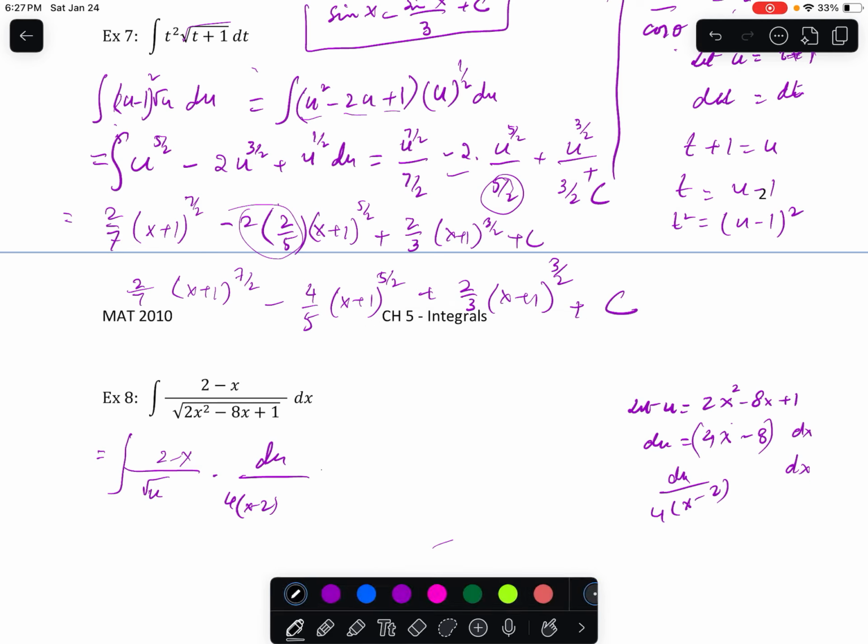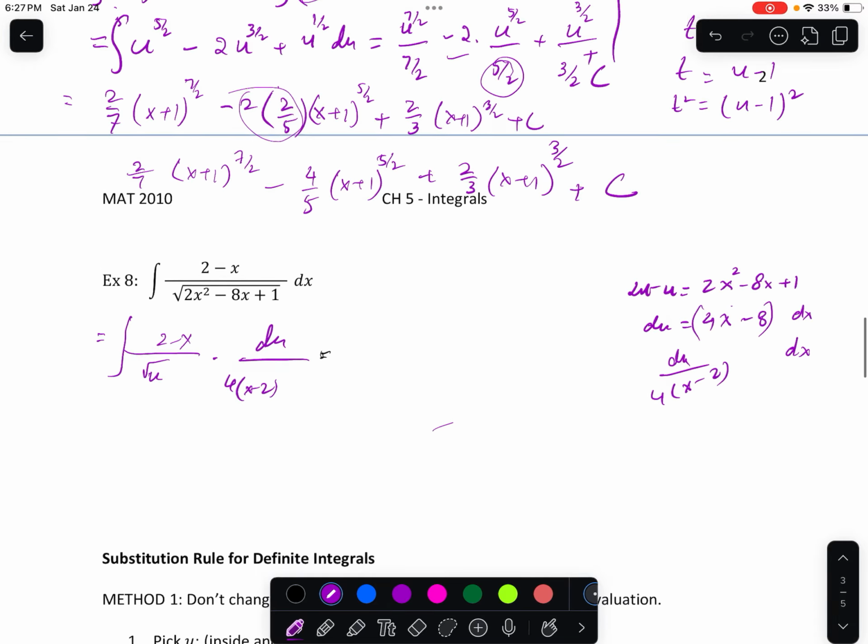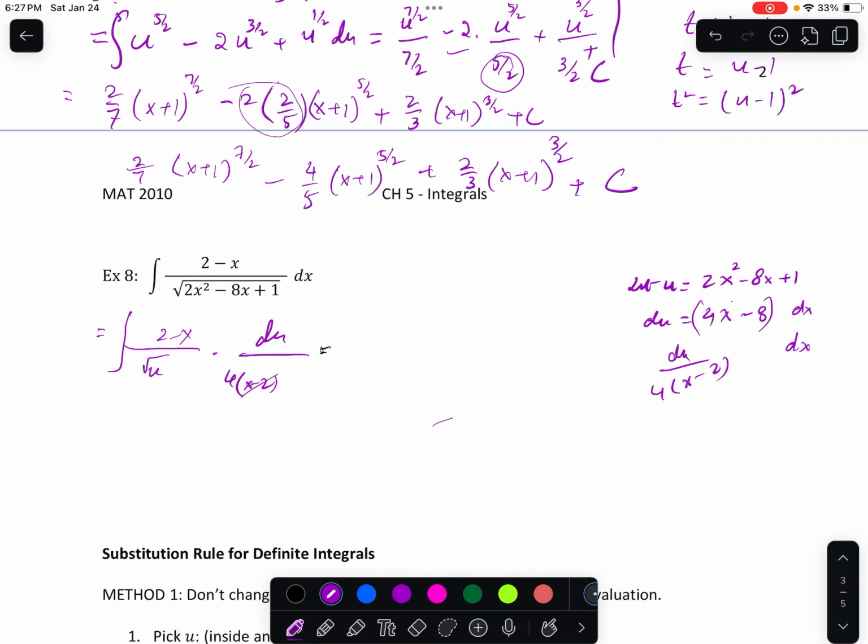If you can see that they are opposites of each other, then what happens when you divide opposites? You get negative 1. So when x minus 2 and 2 minus x cancel out, negative 1 is left here. Or you can pull out the negative sign from one of them and you'll see that you get the other expression.